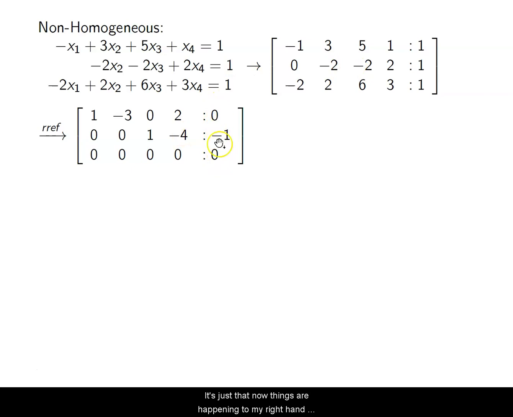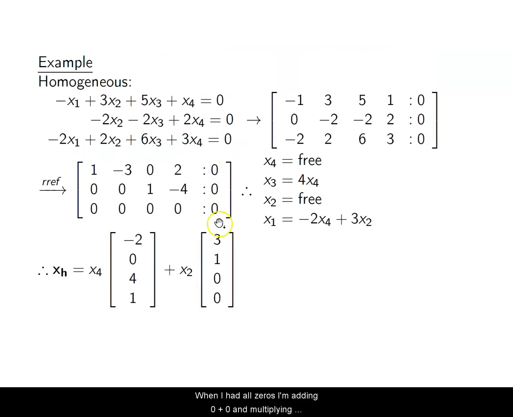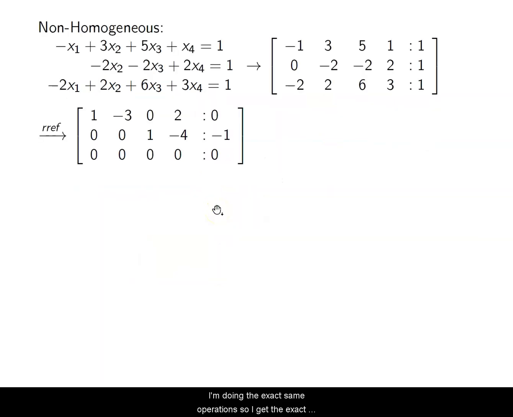It's just that now things are happening to my right-hand side. Whereas before, when I had all zeros, I'm adding 0 plus 0 and multiplying 0 times some number, and nothing's happening here. It just stays 0. Here, I'm doing the exact same operations, so I get the exact same free variables. It's just that now my right-hand side has been reduced to something different.